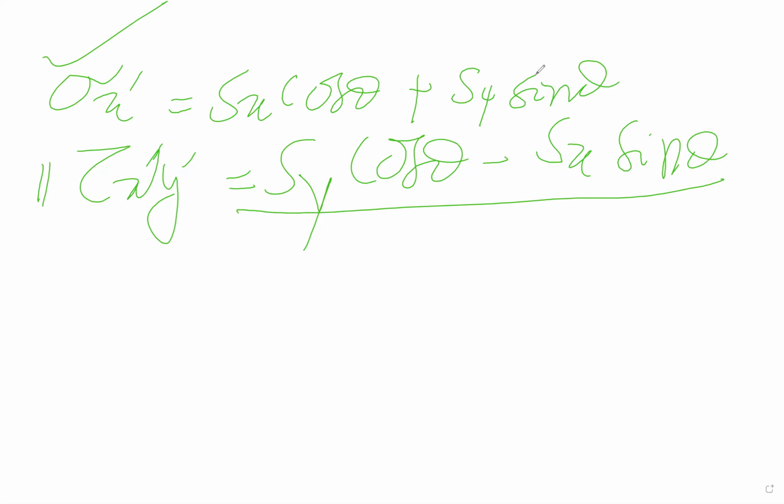Now we know the values of both Sx and Sy. We have previously calculated them. By putting the values of Sx and Sy in that equation, we can easily calculate the shear stress value.